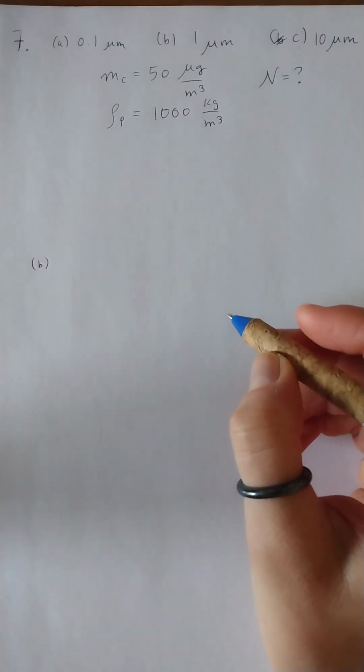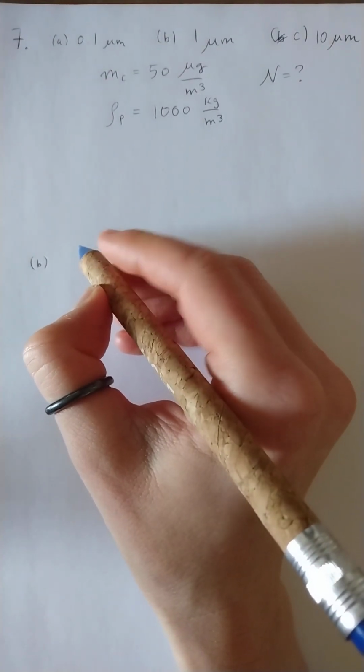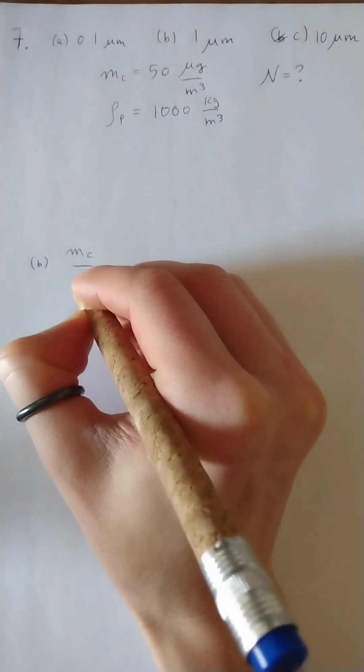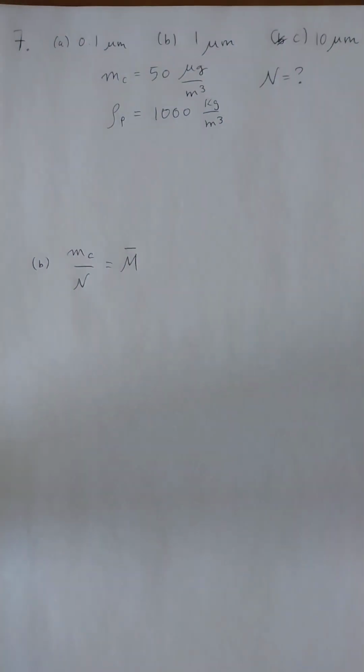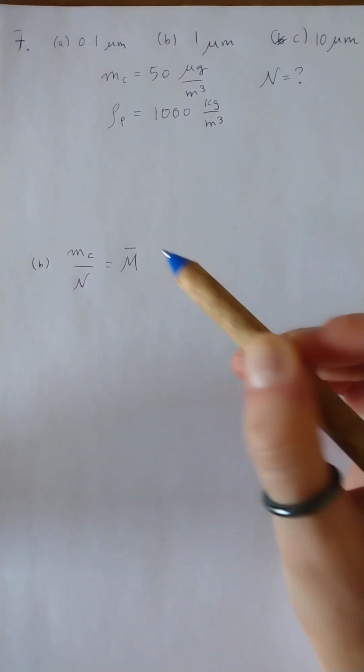In each of these three parts, we're going to use a relationship that we used earlier in the review activity on the second problem: the mass concentration divided by the number concentration is the mean mass of our particles. So if we have particles that are monodispersed, meaning they all have the same size, then they should all have the same mass.